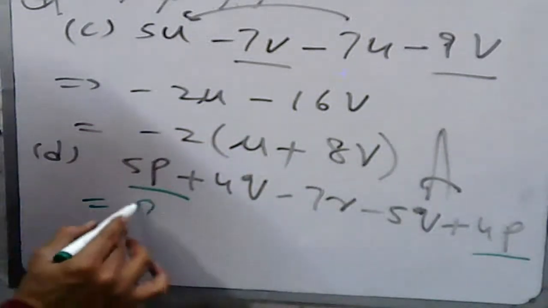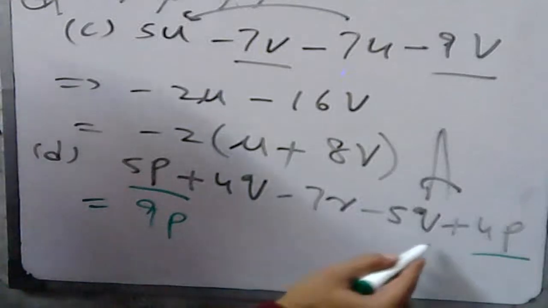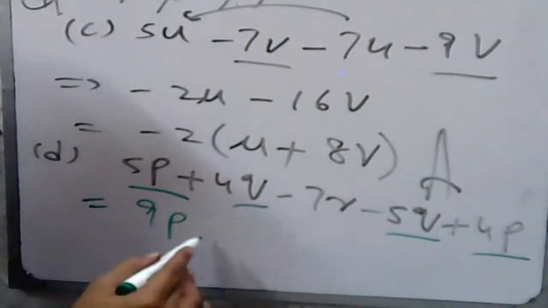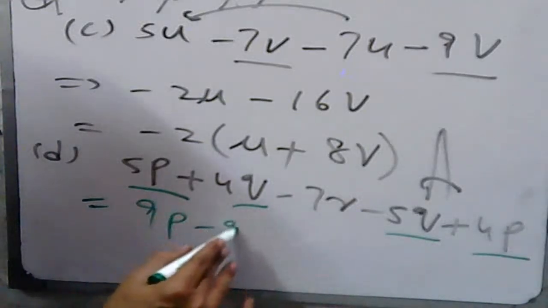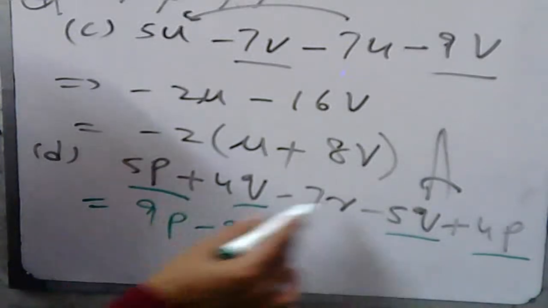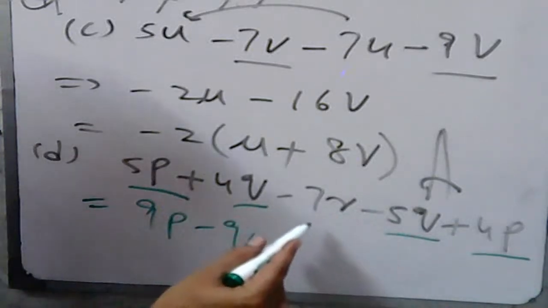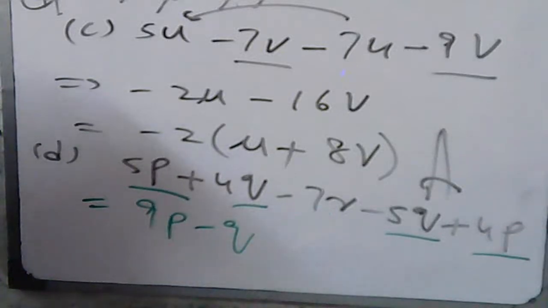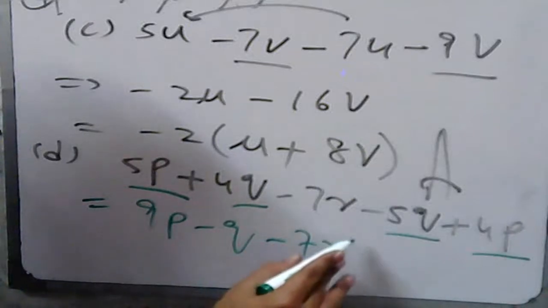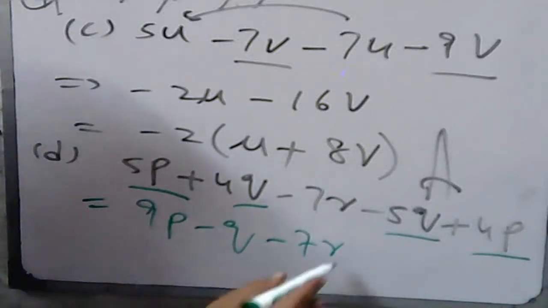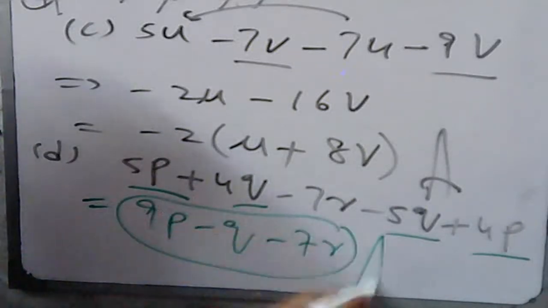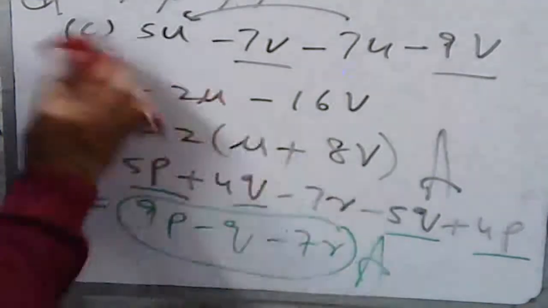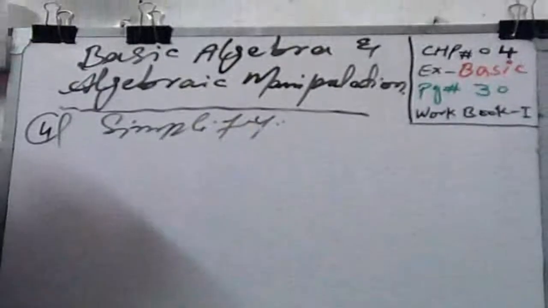So homogeneous, p you will get 9p, and q you will get minus q, 5q minus 4q because of the greater value sign. Similarly r, you have only one r here, so you have to write minus 7r. You cannot take anything common from it, so that is your required result.